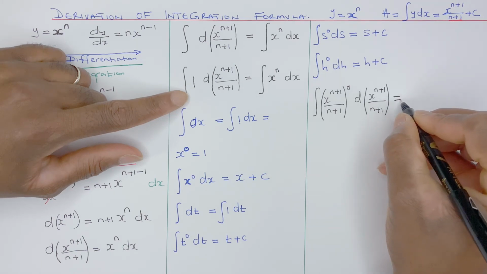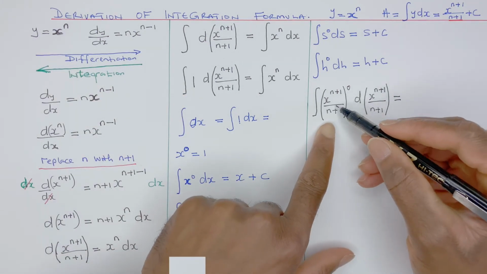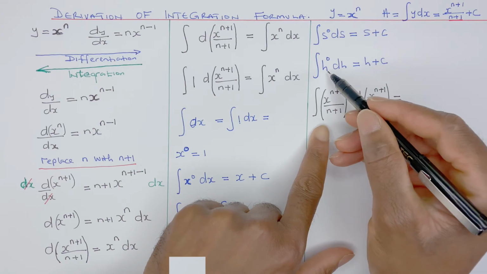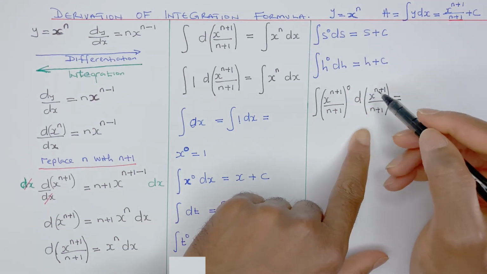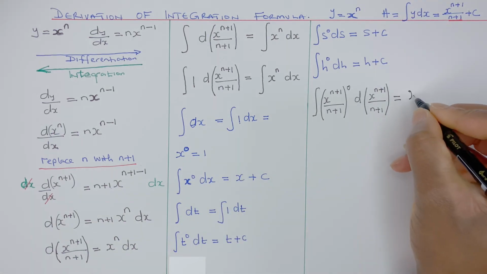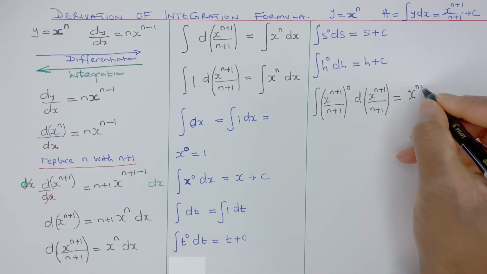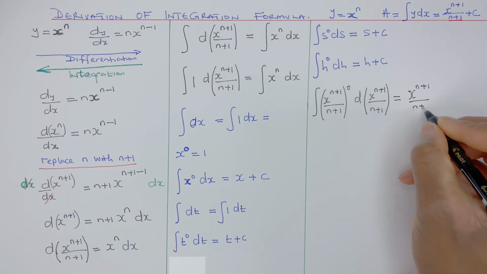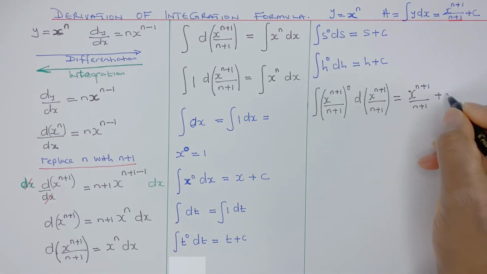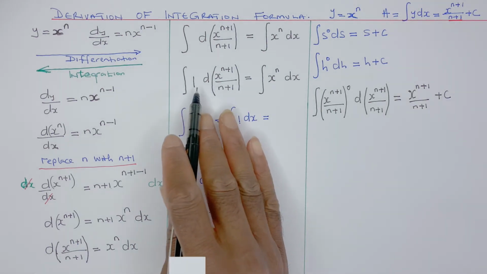What that should be equal to, if I integrate that, remember that's h. The whole thing is h. So I should be getting x to the power n plus 1 over n plus 1 plus c. So that's the left-hand side.